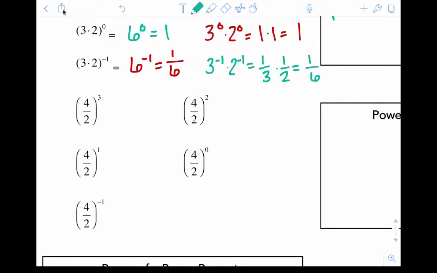Just like with power of a product, let's try this out by working inside of the parentheses first, and then let's try by distributing that exponent. So 4 over 2 to the third. I'm going to do 4 over 2, which is 2, and then take that to the third, which is 8. If I were to distribute, I would get 4 to the third over 2 to the third, which would be 64 over 8, which equals 8.